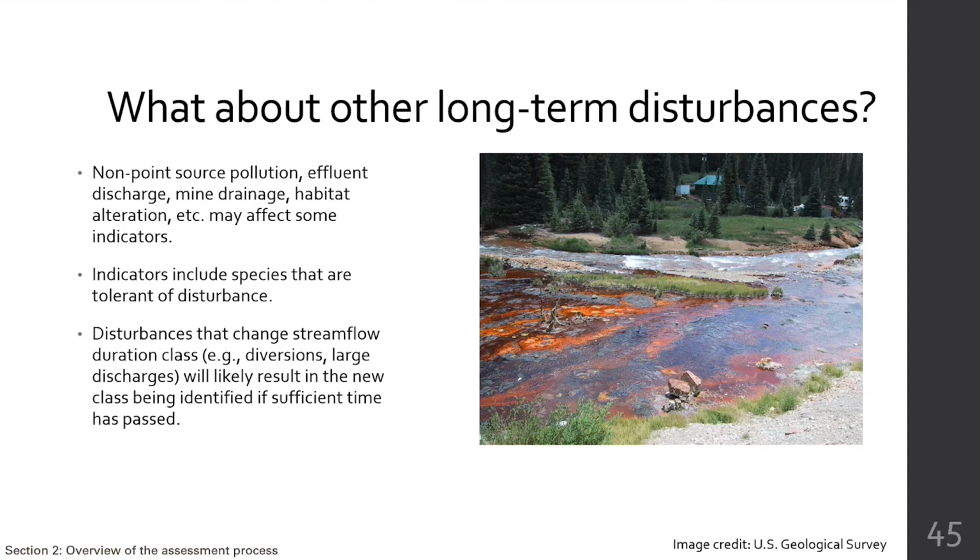Even though many of them are sensitive, there are some tolerant species within these groups. If your disturbance will change a streamflow duration class, something like a diversion or a large discharge, the new class is likely the one that you will determine using the SDAM, particularly if sufficient time has passed since that disturbance has occurred.